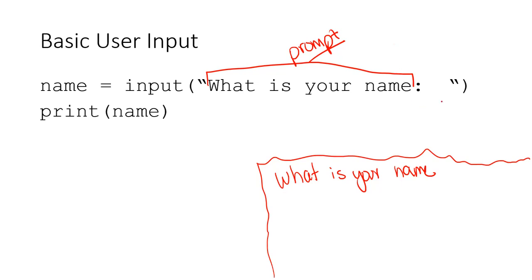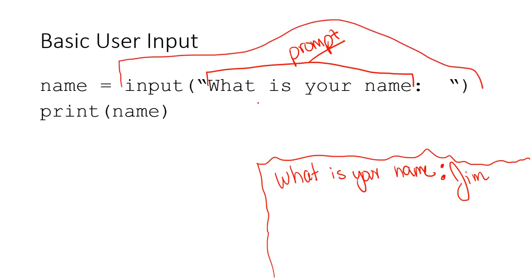So we're asking them, what is your name? And we're going to wait for the user to type in a word or their name. Let's say their name is Jim. What's going to happen is Jim will be placed, because this entire thing right here will be replaced with Jim.